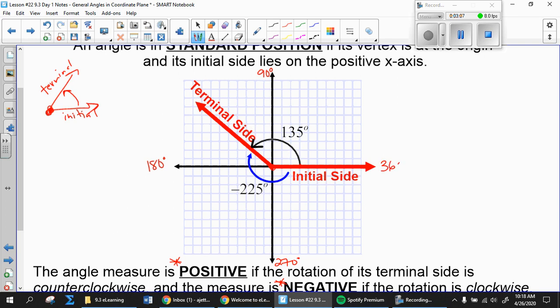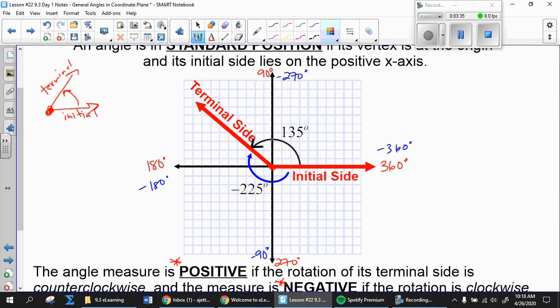If I get all the way back over here, this is going to be 360 degrees. If I go the opposite direction, if I go clockwise, that just makes it negative. So if I start at the initial side and I rotate here, this is going to be negative 90 degrees. This is going to be negative 180 degrees. If I keep going, this is going to be negative 270 degrees. And then back over here, negative 360 degrees.